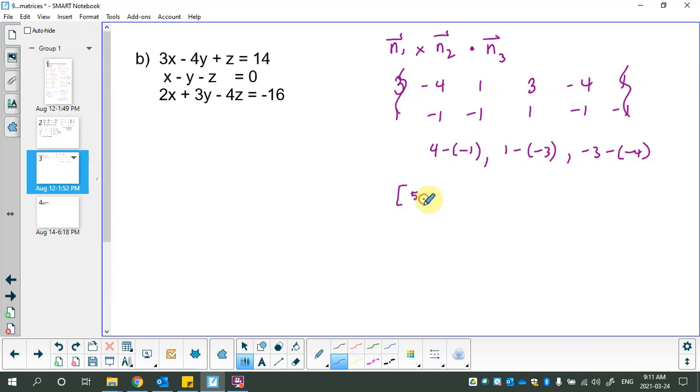So 5, 4, 1, dotted with my remaining normal, which is 2, 3, -4. So that's 10 plus 12 plus -4. I don't even care what that is. I just know that it's not 0, so we have a point of intersection.